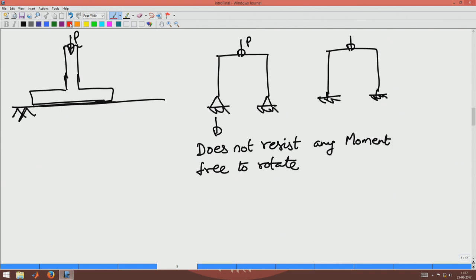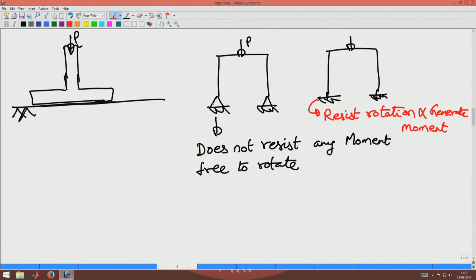On the other hand, this symbol means it is a fixed support, which means it will resist rotation and generate moment at this support.